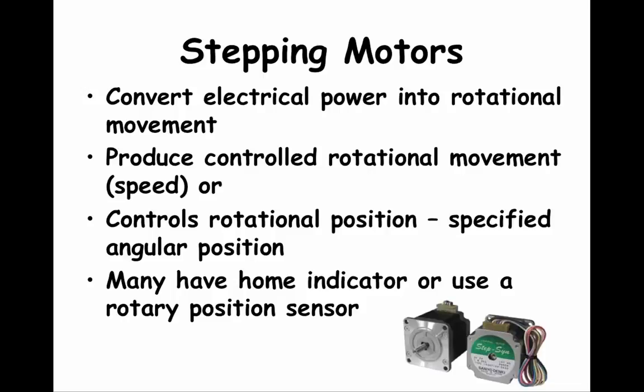They can also be used to put a shaft in a particular position or angle. Some stepping motors can turn forward or backward, stop, and then change direction. When stepping motors are used to set rotational position, they usually have a way to know when the shaft is in the home or zero position. This can be indicated with a home sensor or a sensor that measures the rotary angle or position.